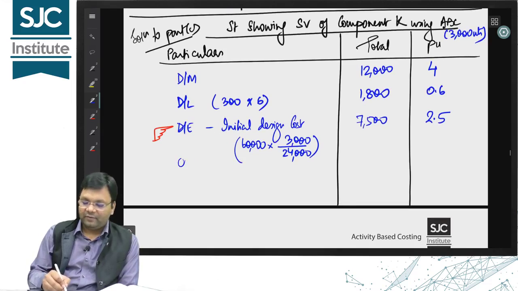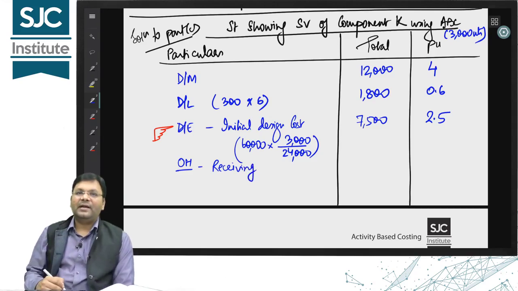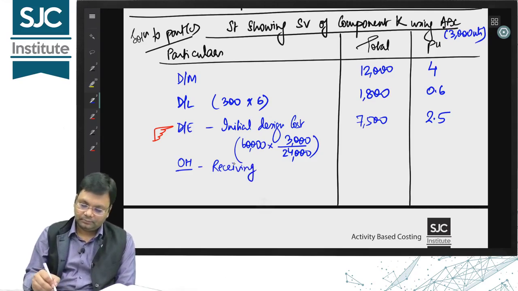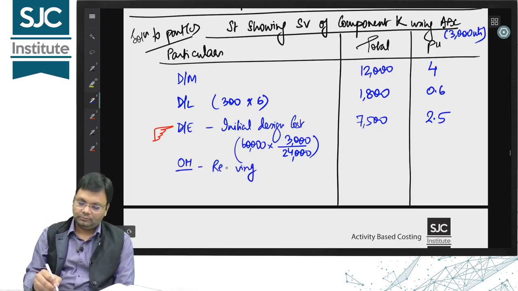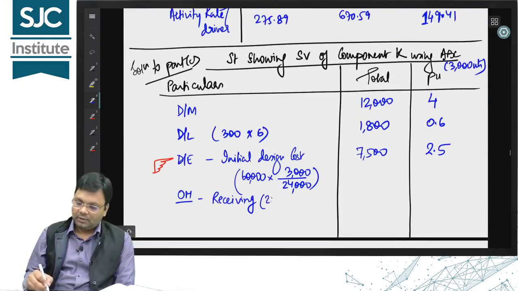And then we will have overheads. In these overheads we are having receiving, 275.89 is the rate per driver.